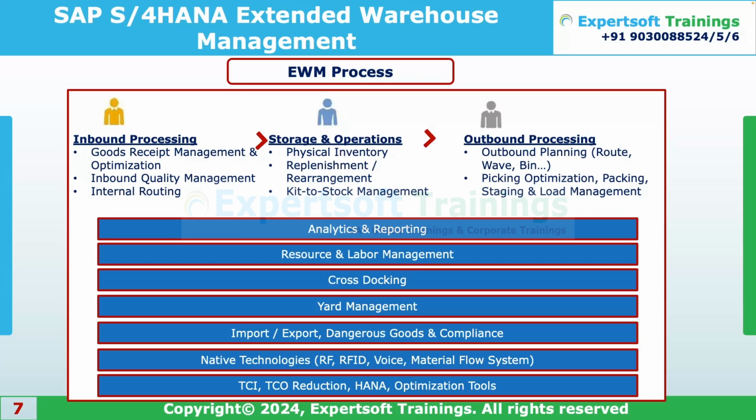In addition to this, you will find all these things in your SAP WM also. But in EWM, you will find an excellent analytical reporting tool called Warehouse Monitor. If you have Warehouse Monitor in EWM, you don't need any reporting.